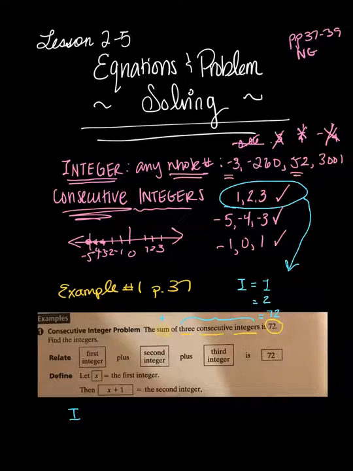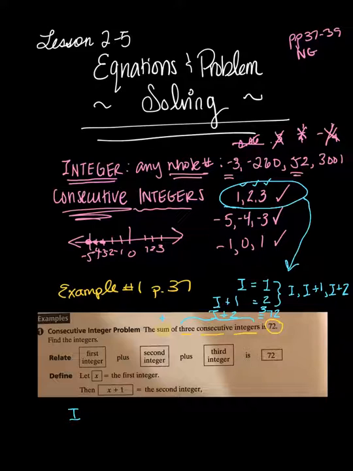And 3 equals I plus 2. So if I have 3 consecutive integers, I can represent them using I, I plus 1, and I plus 2.